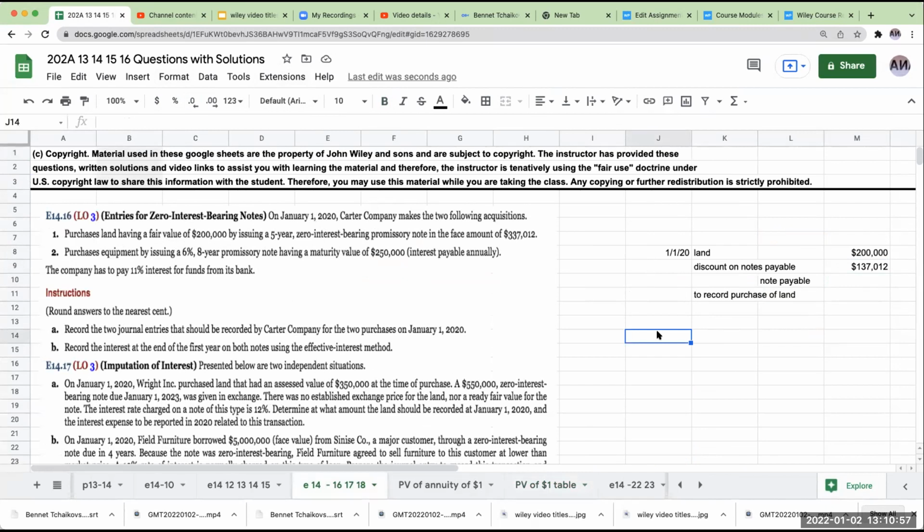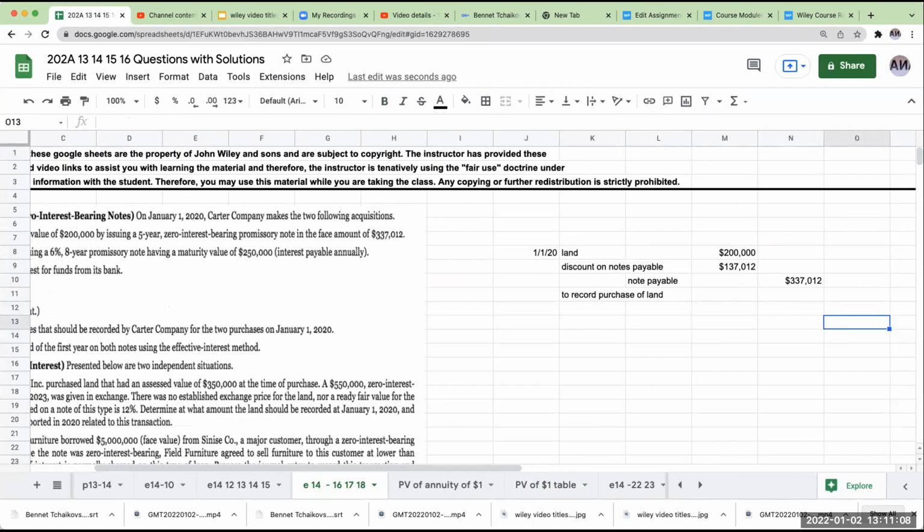Now, here's where we get to the interesting part. Let's go ahead and record the interest at the end of the first year on both notes using the effective interest method. So how do we do this?